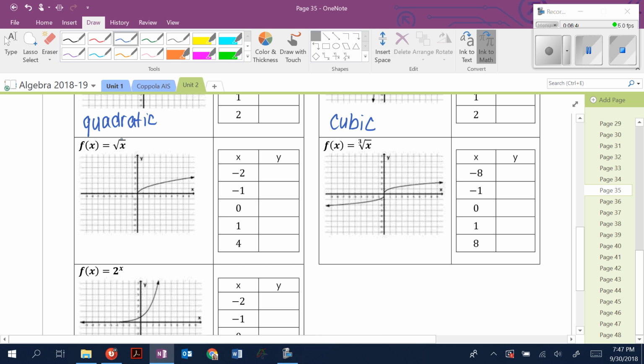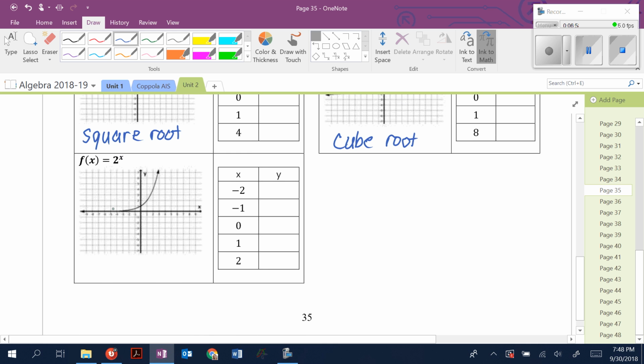Here is, well, this one's pretty straightforward. It's a square root function. And this one is a cube root function. And this little guy here, it's really hard to tell, but this looks like this. I'm just going to trace over it. This is an exponential.